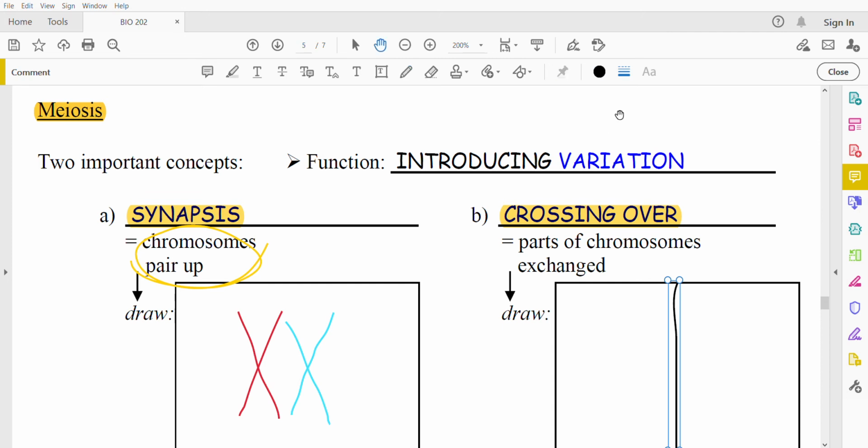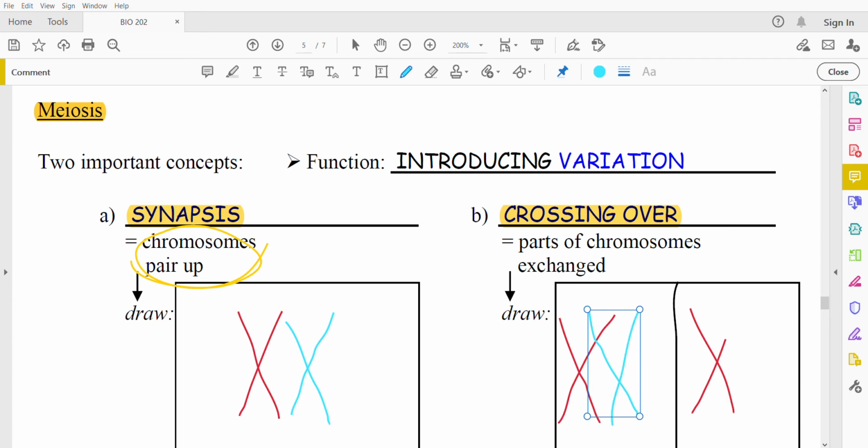So, in crossing over, these chromosomes of ours are going to overlap with each other, so parts of them are lying on top of each other. So that's what happens initially.